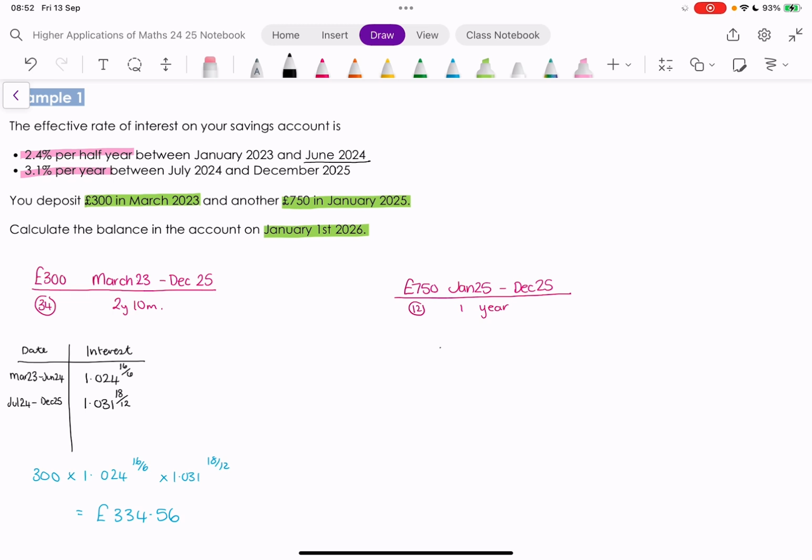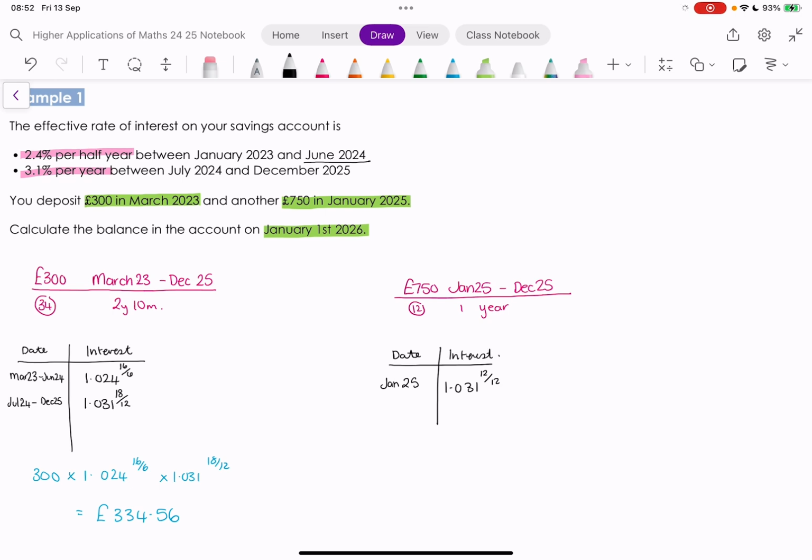So if we do that again with my second deposit, that's going in January of 25, which means the only interest rate that's relevant is the second one, the 1.031. It's in for a whole year, so that's just going to be 12 over 12, or 1.